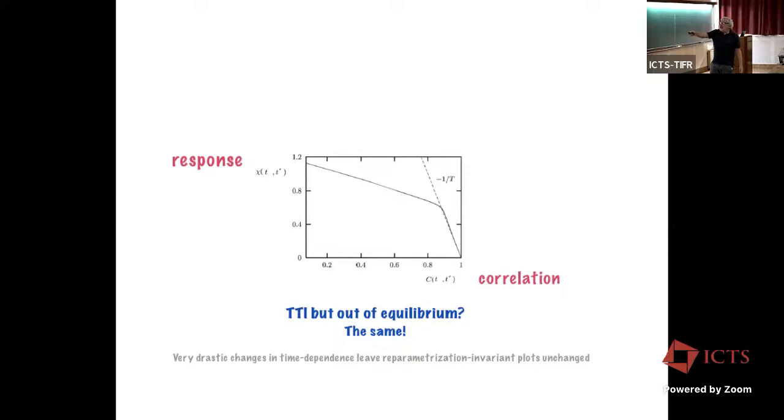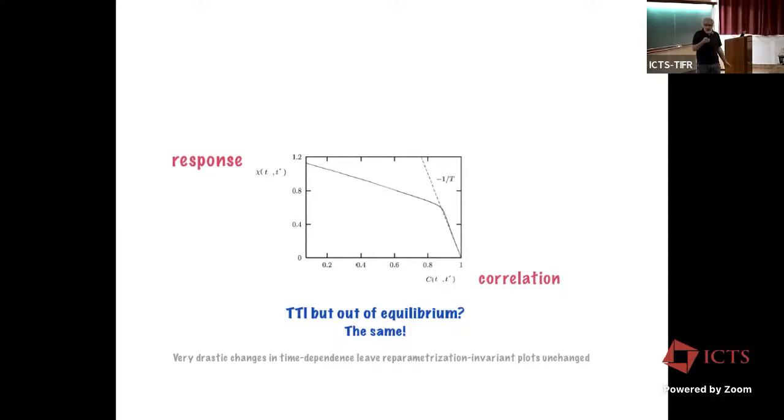You can plot the response against the correlation. So we remember this one is the correlation between noise and position against correlation. Now, you're out of equilibrium if you're doing aging. And normally you should get this -1/T, which is the fluctuation dissipation theorem. If you were in equilibrium, you should get just this straight line, which relates correlation and response.